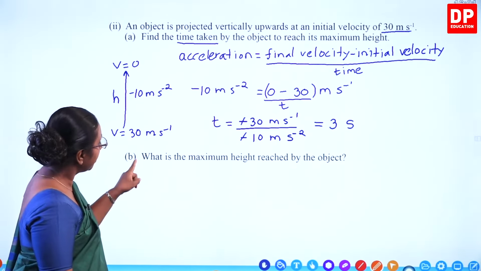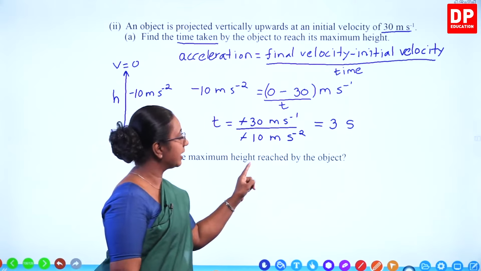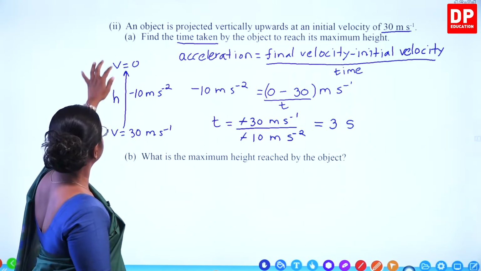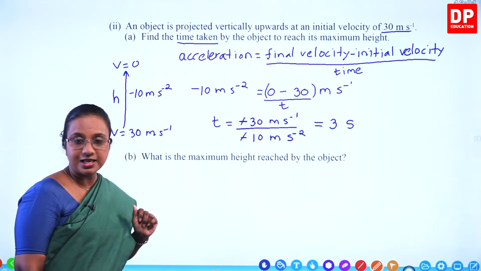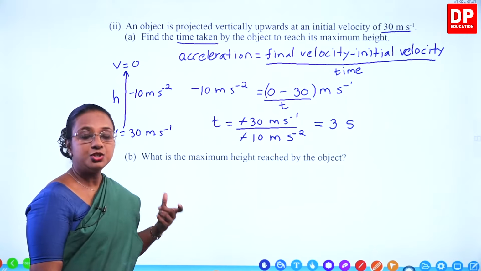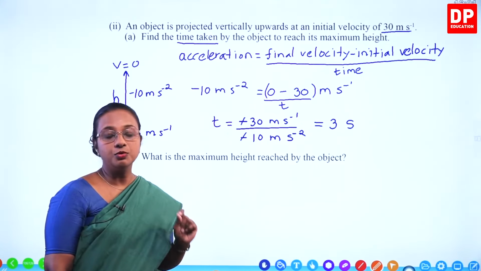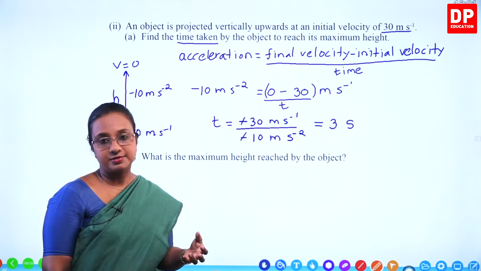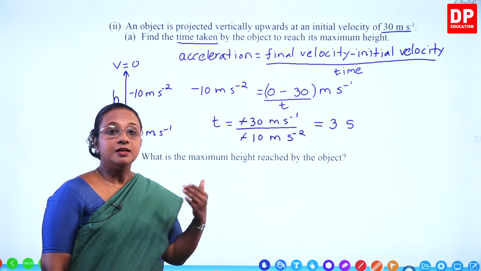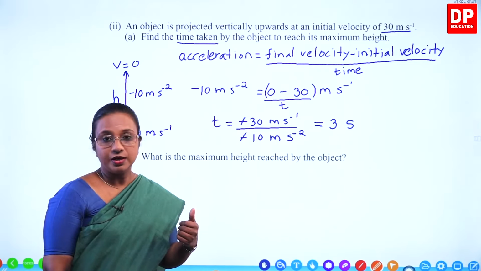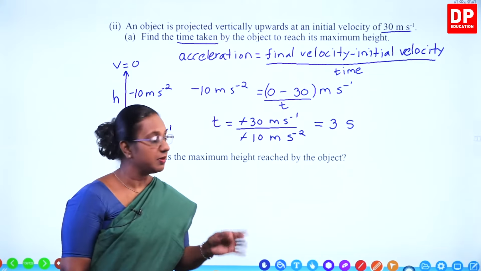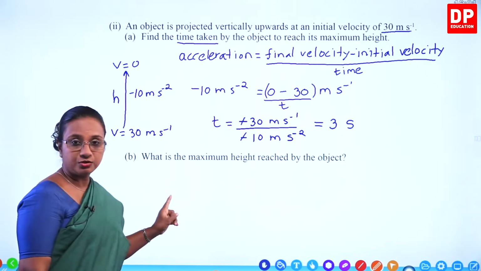Then the next one, what is the maximum height reached by the object? So here the maximum height that we have taken as h is the displacement of the object. As you know, when an object moves with uniform acceleration or uniform deceleration, the displacement is equal to average or mean velocity into time. So that is what we are going to use here.